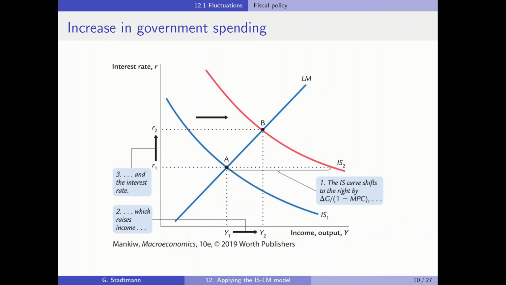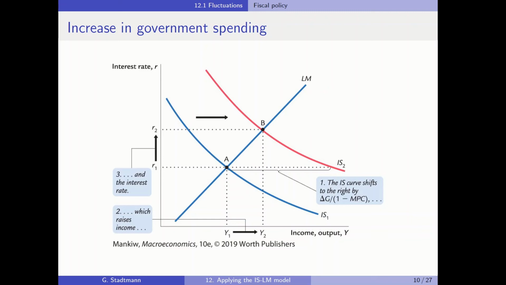Will it lead to a higher GDP level so that unemployment rate decreases? Yes, this seems to be the case. The IS curve shifts to the right, and the economy is in the end in the new equilibrium B, where indeed it is the case that the GDP level is higher compared to the first scenario.